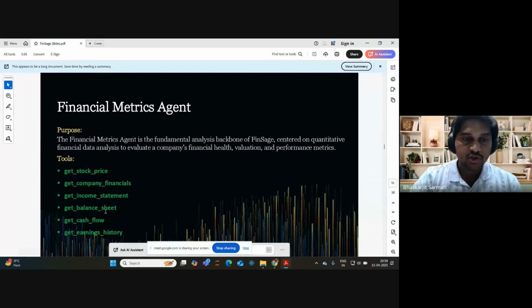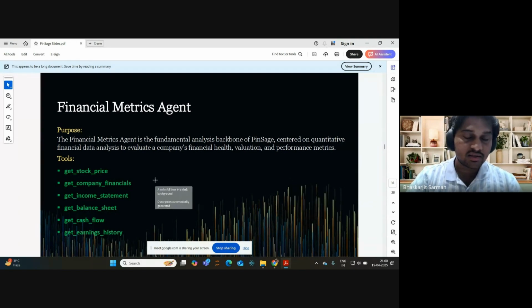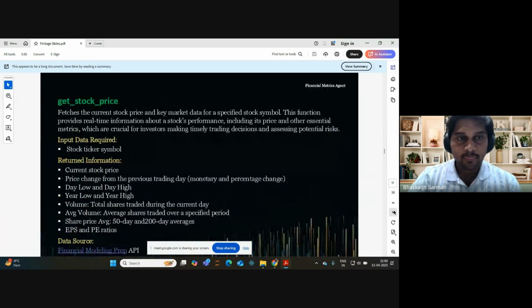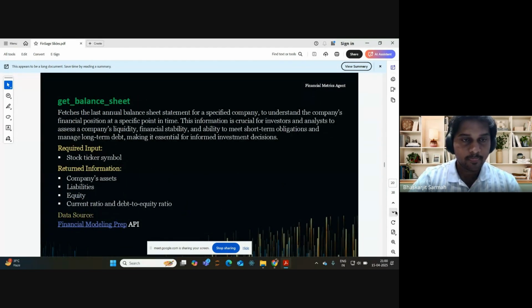Then, on top of this data, it generates its commentary on the question that I'm asking, whether to buy or hold, and it gives you a recommendation after it analyzes this information. We're fetching this data from the Financial Modeling Prep API. Again, this is an open source third-party API from where we fetch all of this information.